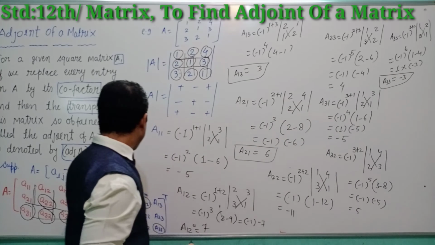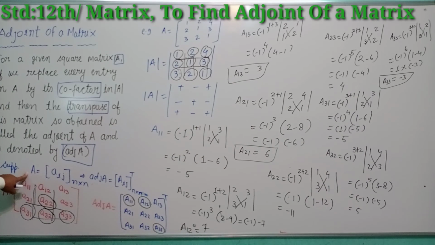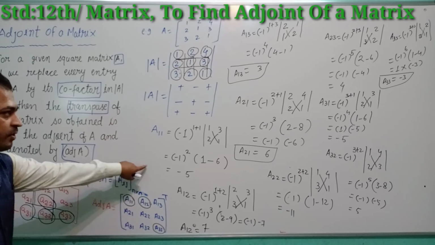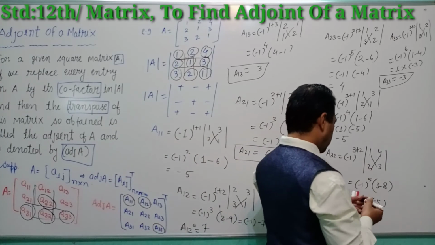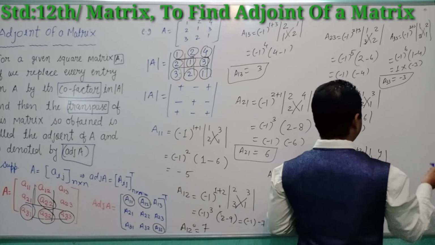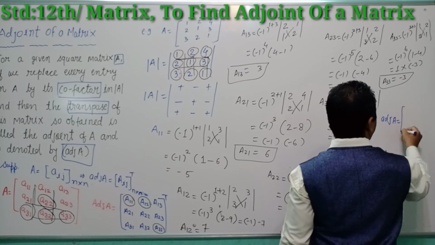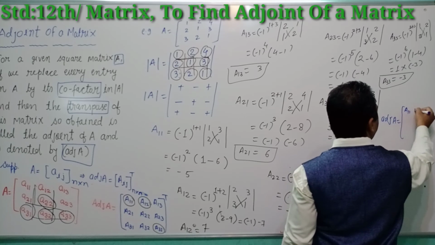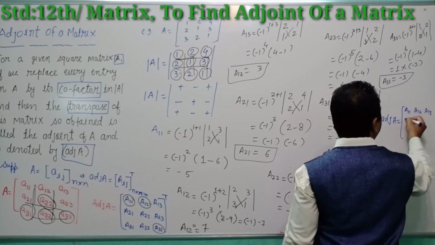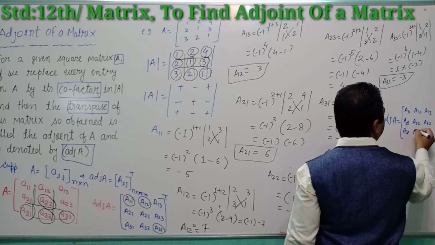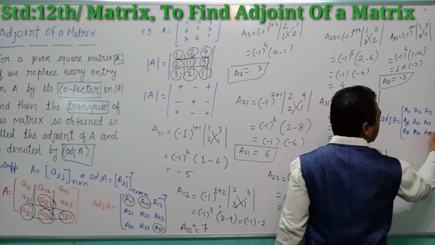Right, students? As per the definition of the adjoint of a matrix, the adjoint of A is the transpose of the matrix of cofactors Aij. So adjoint A is the transpose of A11, A12, A13, A21, A22, A23, A31, A32, A33.